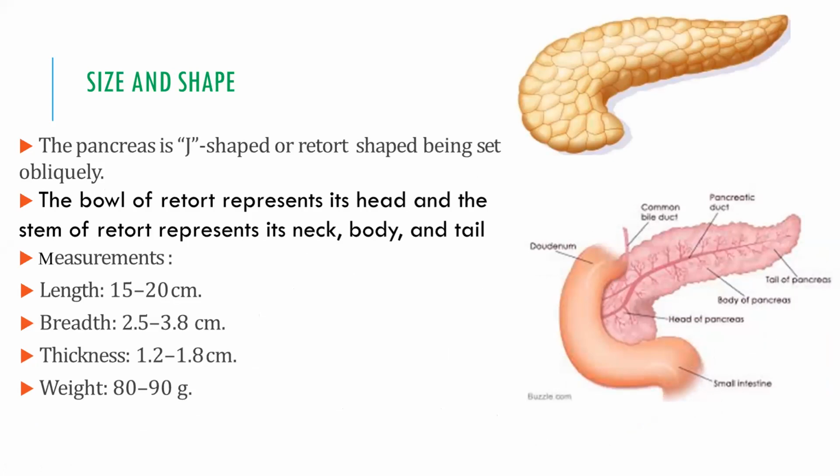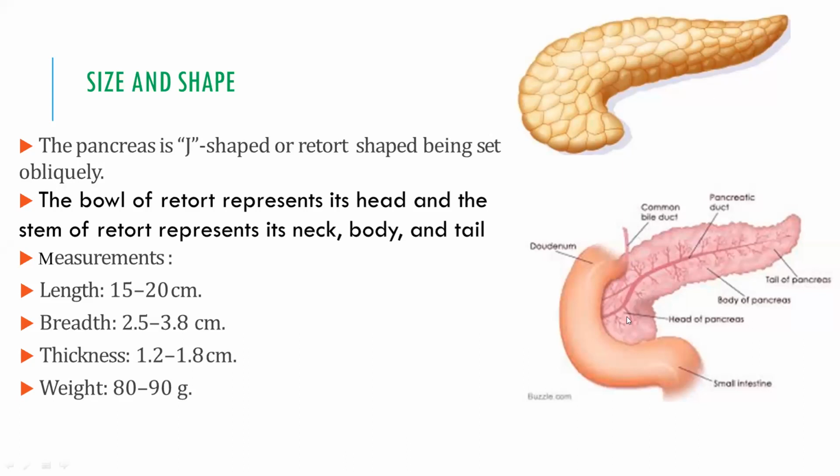Now the size and shape. Pancreas is J-shaped or retort-shaped, set obliquely. The bowl of the retort represents the head, and the stem of the retort represents the neck, body and tail. You can see here the head, neck, body as well as tail.